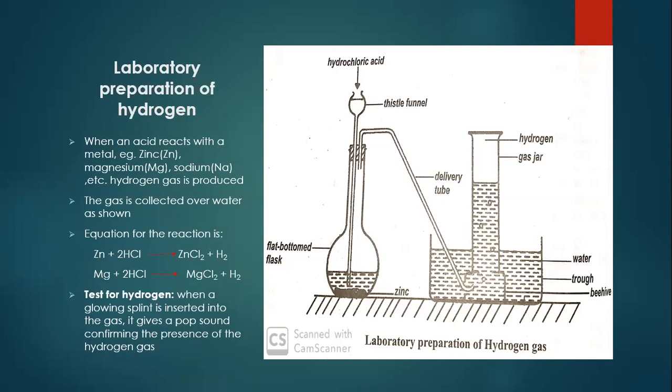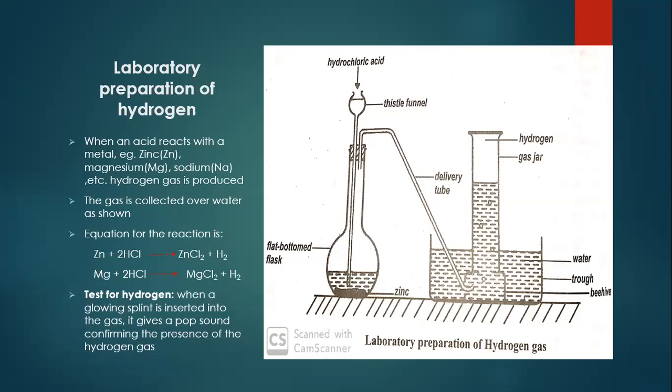So the light is a glowing splint. The moment it is placed in the gas jar, if there's a pop sound, that confirms the presence of hydrogen gas.